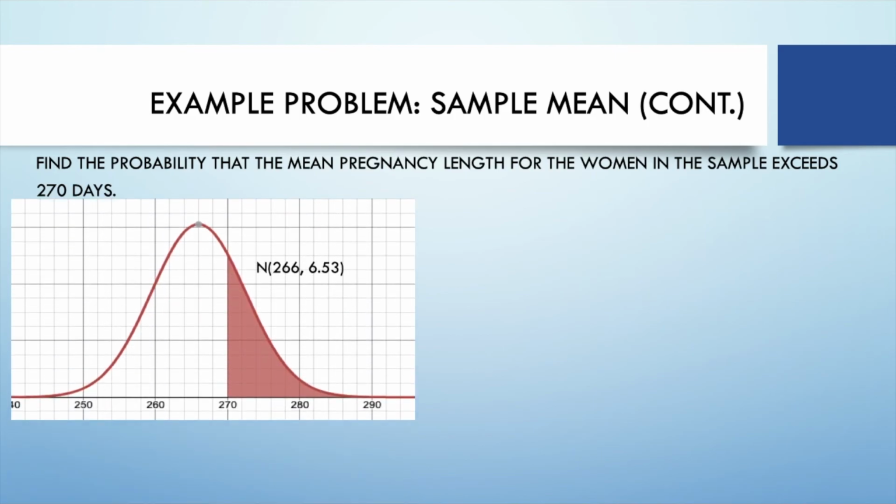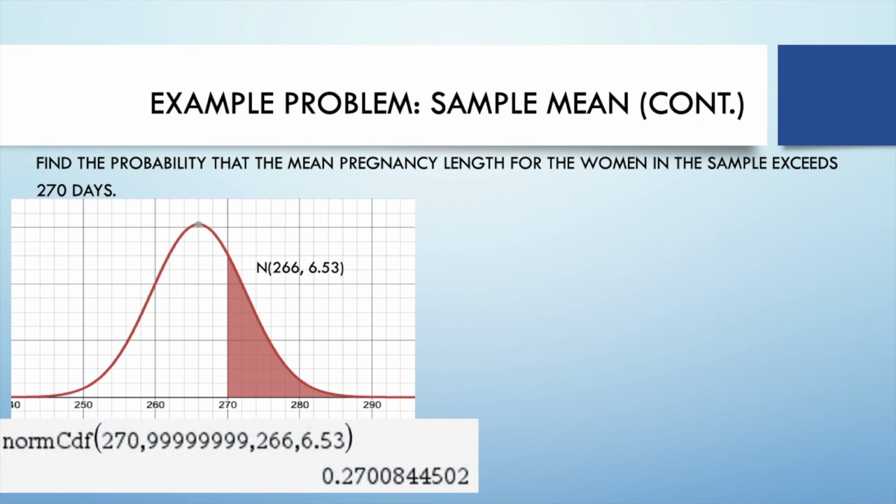So now I have to say, okay, my mean stays the same because the mean of the sampling distribution of the sample mean is the same as the population mean, but my standard deviation has changed quite a bit. That's going to be less spread out. I'm going to have a smaller probability, which I do. So we use the same normal CDF. My lower bound's the same, my upper bound's the same, my mean's the same.